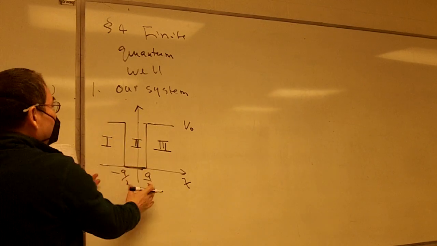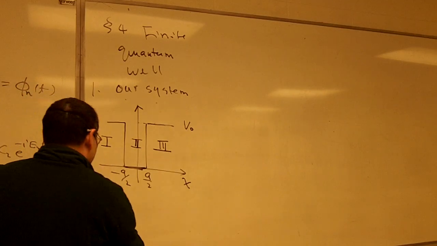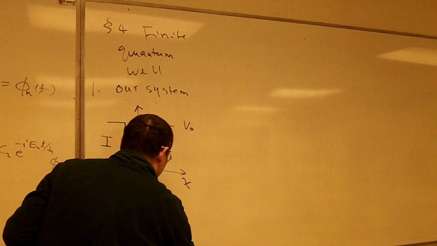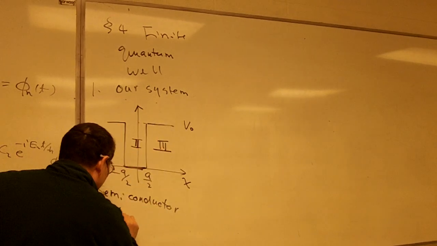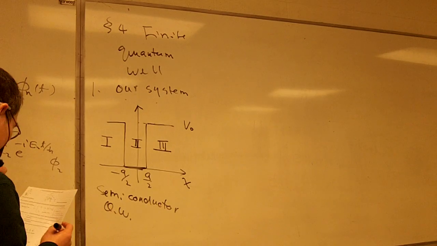That's what the structure looks like, and this is actually a semiconductor quantum well. In the book, I showed you the quantum well, and people usually write it the following way. This is the one which we use.